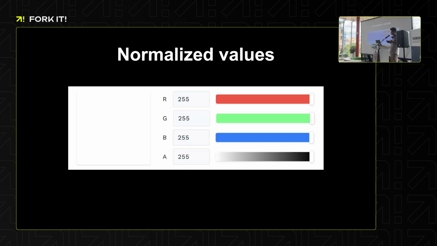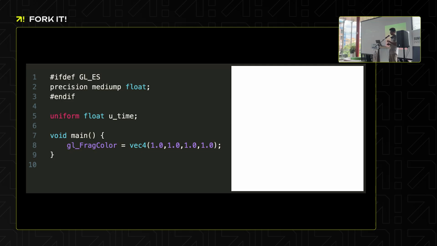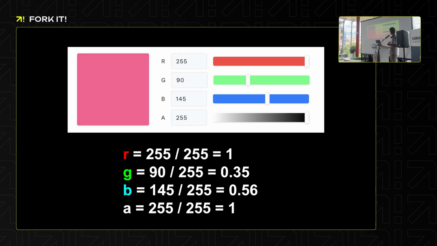There is something very important about shaders. The colors and all the values, basically even the positions, are normalized. They are between 0 and 1, so you need to make sure that all your coordinates are between 0 and 1. But in RGBA, for example, the values are between 0 and 255. So let's say you have this color, and you need to have this color in the shader. You need to normalize all the colors and all the channels.